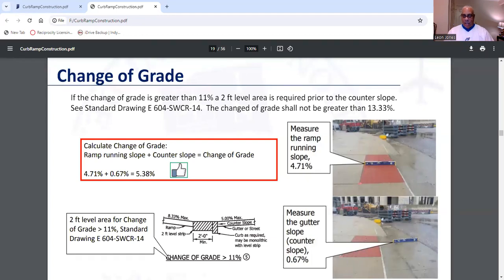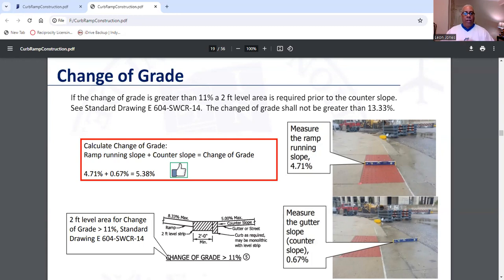Okay, and you see how the running slope is being measured, smart level. The gutter, I call that the algebraic slope. That's the slope coming back from the gutter to the ramp. And then you have the 2-foot level area of grade, which is greater than 11%.